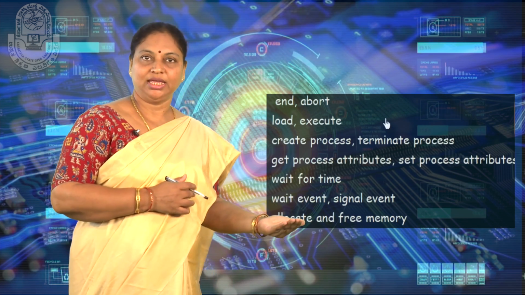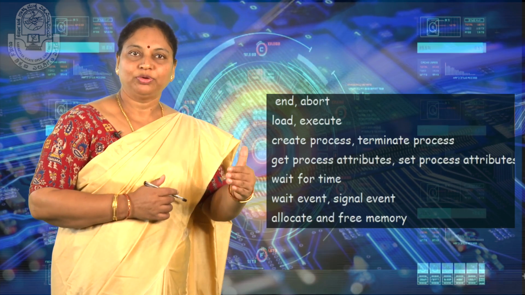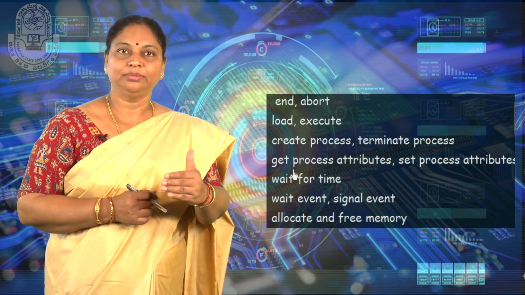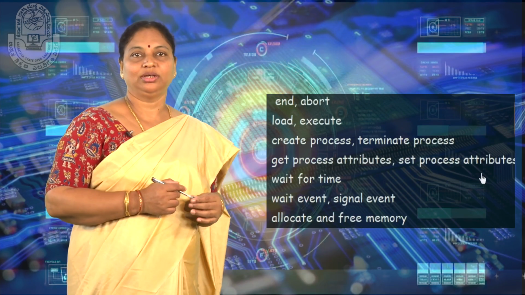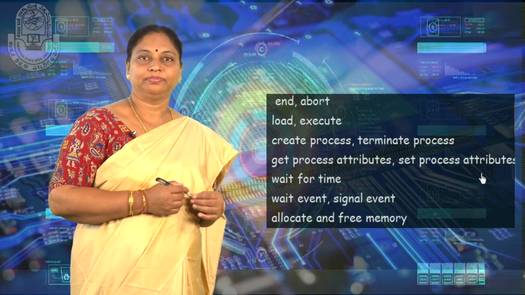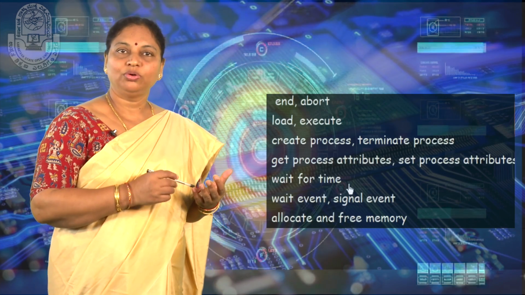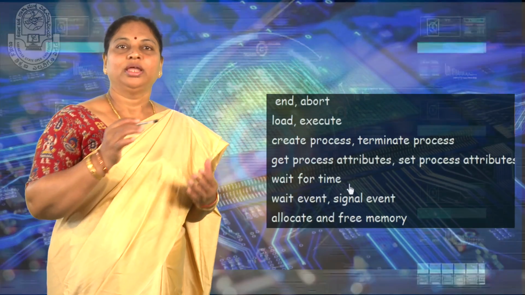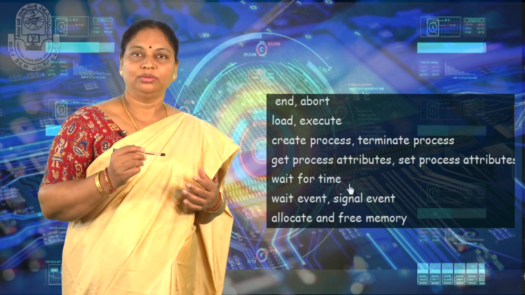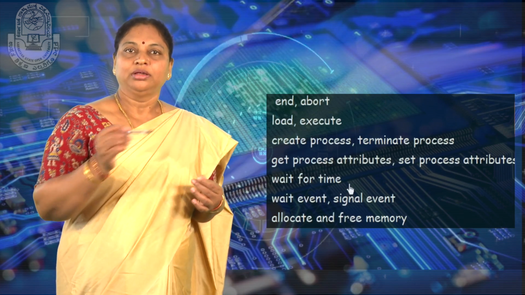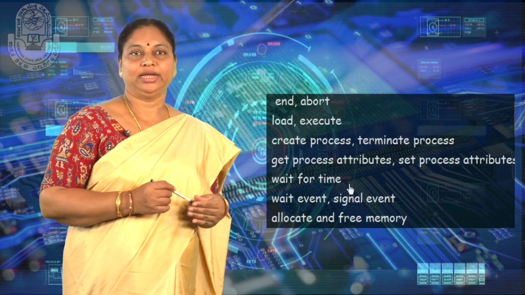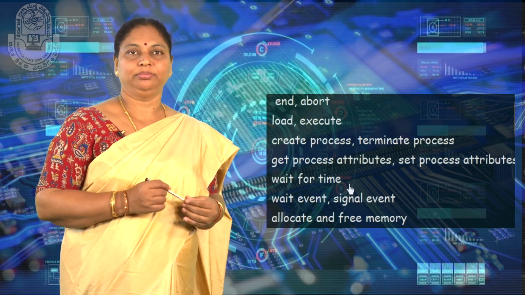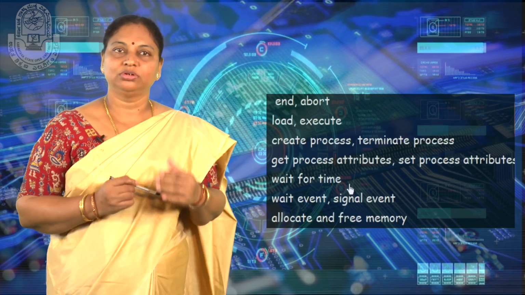If there is any error, then the program terminates abnormally. For that, the abort system call will be initiated. Then we have load, execute. A process or job executing will want to load some other data or some other program. So for that we have the load system call.